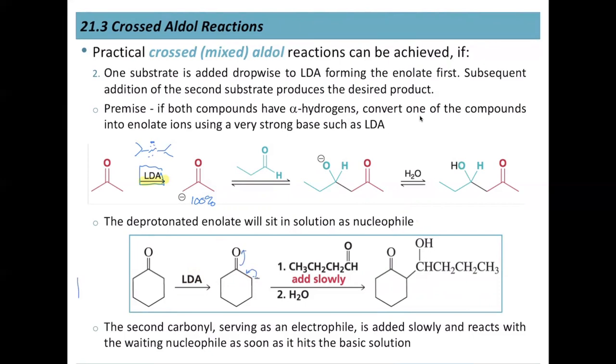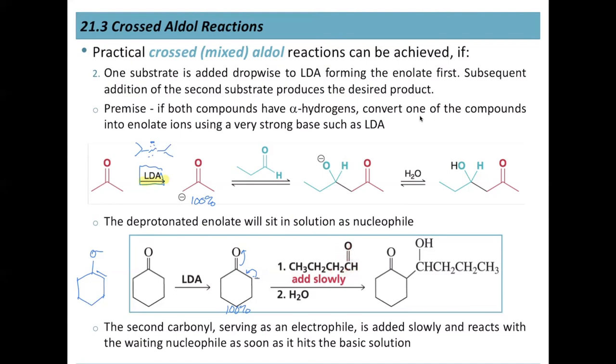I'll draw that over here to the left. And since everyone's in the enolate, there is no free carbonyl to attack. Again, we get 100% enolate formation. And then the next step is once that's done, we just let it stir for a little while, and then we finally add in our acceptor.